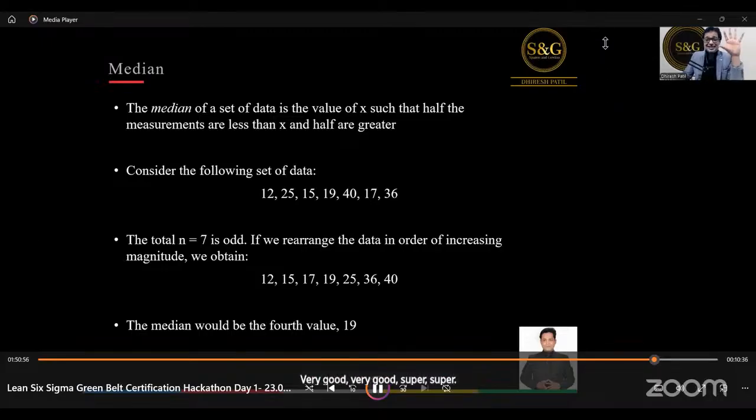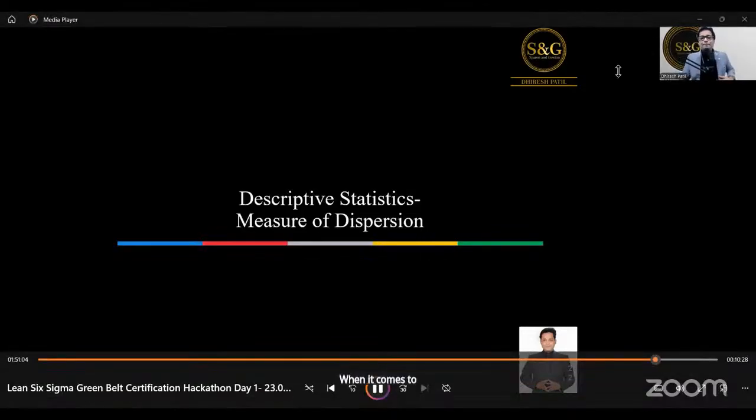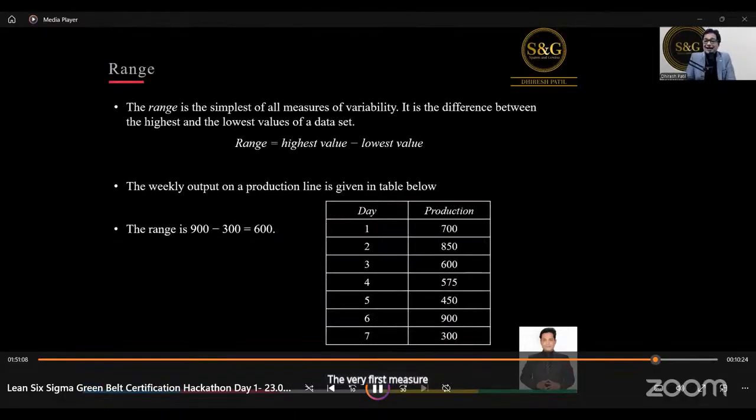Now, this is about central tendency. Let's talk about dispersion, the spread of the data. When it comes to the spread of the data, the very first measure is called the range. Range is the very basic measure of dispersion. Very simple: highest value minus lowest value.